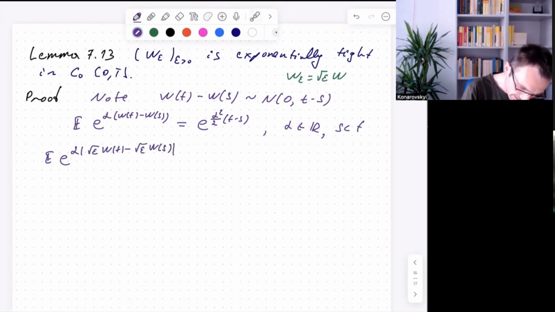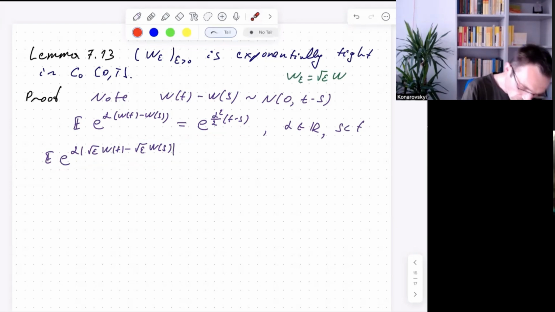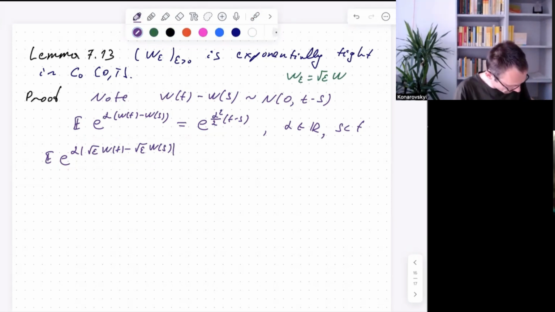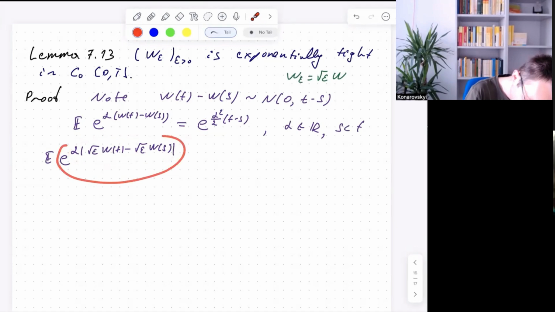So either you do the computation for the absolute value of the exponent, which is a possible way, but here we will estimate this exponent as follows.